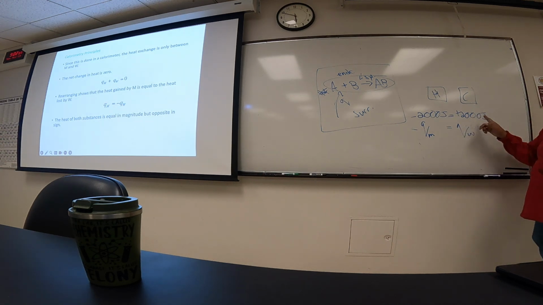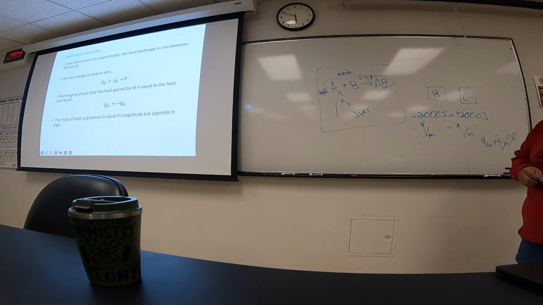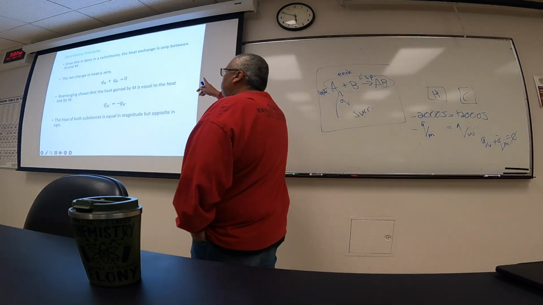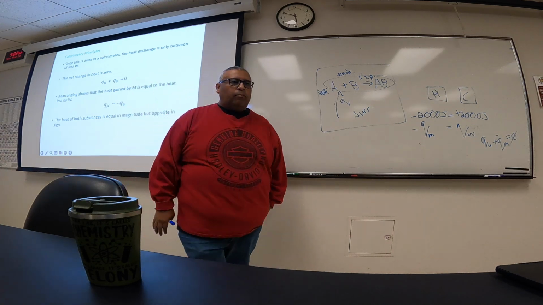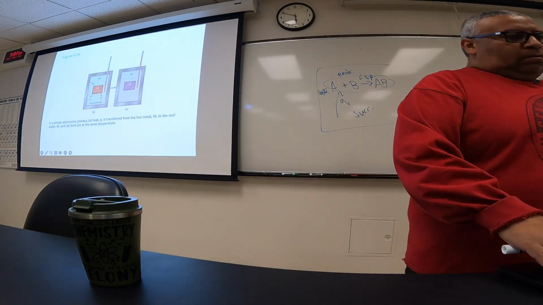Well, if I add both of these up together, if we take Q of the water plus Q of the metal, those will equal 0, right? They're just opposite in magnitude here.